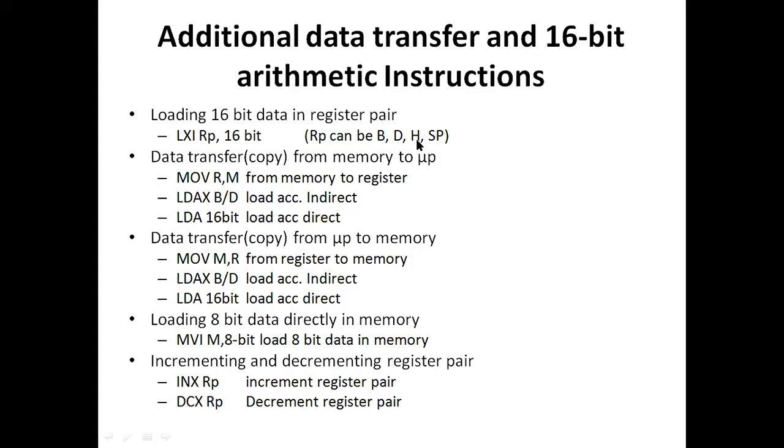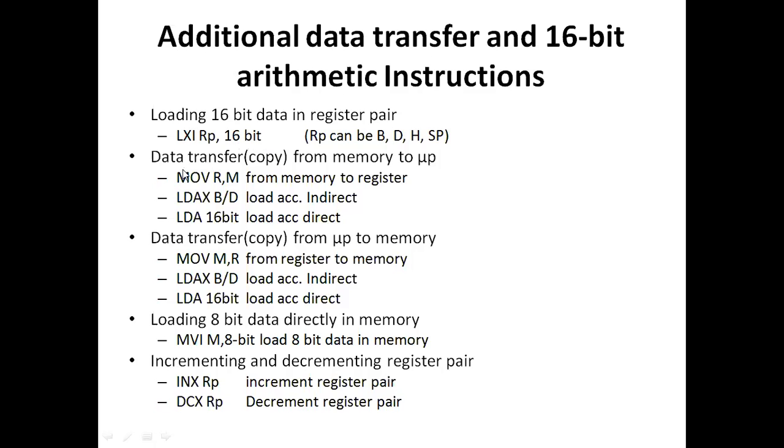Whenever we talk about the BC pair, it is represented by B. The DE pair is represented by D. The HL pair is represented by H. And the stack pointer is represented by SP. So with the help of LXI, any one of these register pairs can be loaded immediately by the 16-bit number which is given along with the instruction.